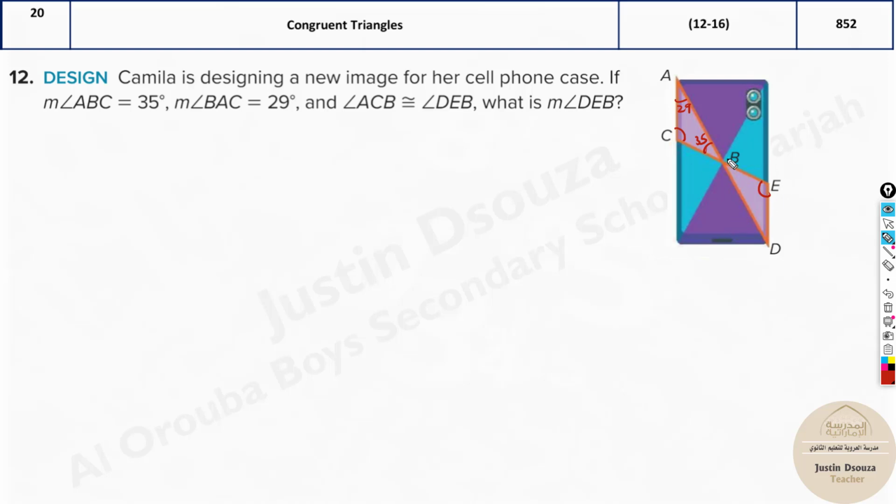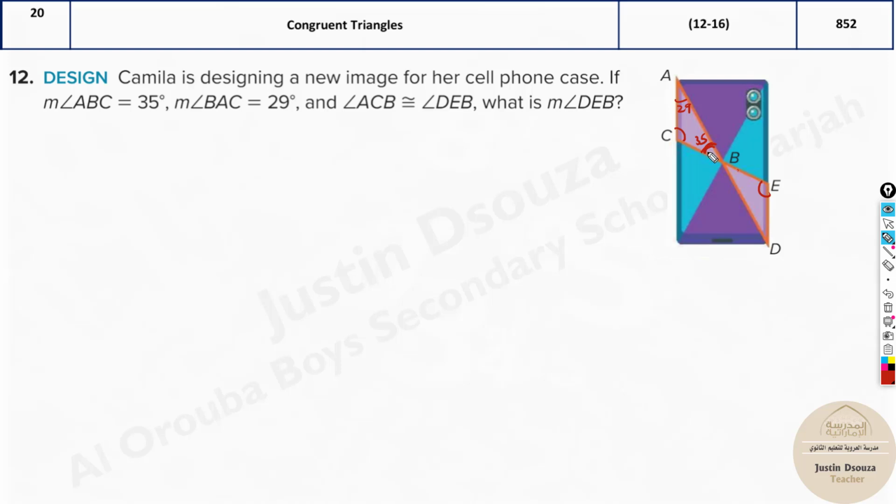You can tell these are vertical angles and this is 35, but we don't know this particular angle. So instead of trying with this, the best way is we can easily find ACB and then tell ACB value is equal to DEB. Looking at this, you can tell this is congruent. Now, this is just for more information. They are vertically opposite, right?